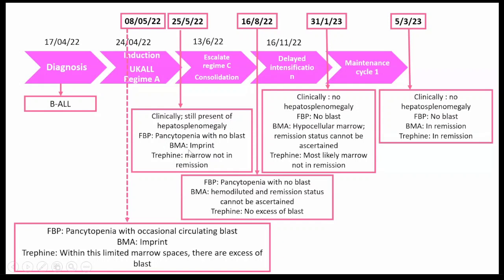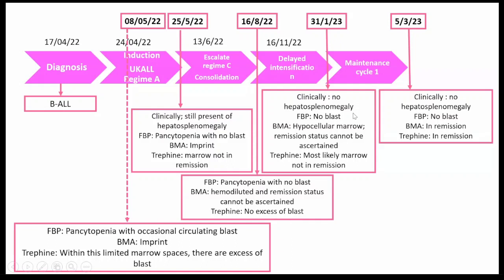So with this, clinically and also supported by laboratory, that the patient is not in remission, the clinician escalated to regime C for consolidation. After completing consolidation, the blood film still showed pancytopenia, the bone marrow still could not be ascertained, and based on trephine, there was no excess of blast. He then continued with delayed intensification and was clinically in remission based on clinical justification.